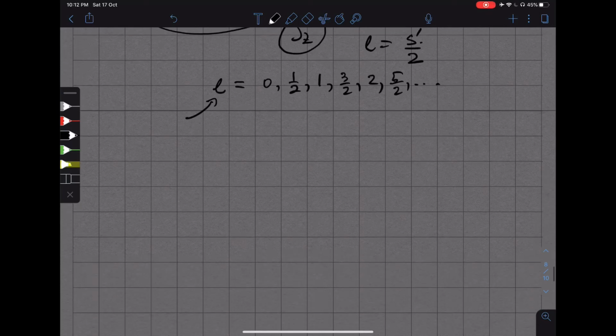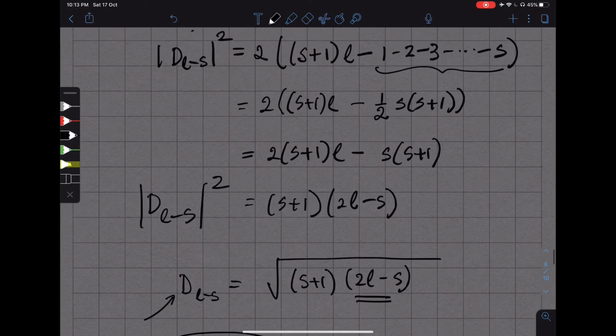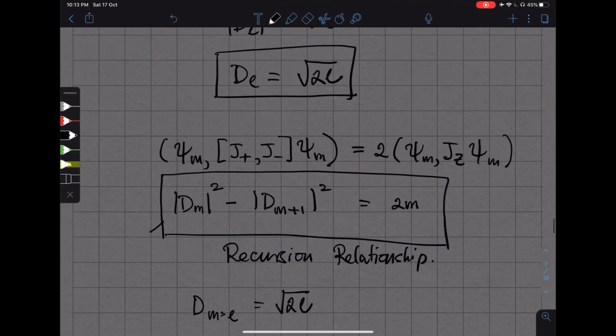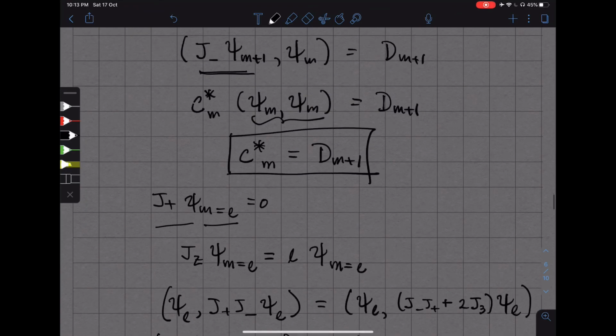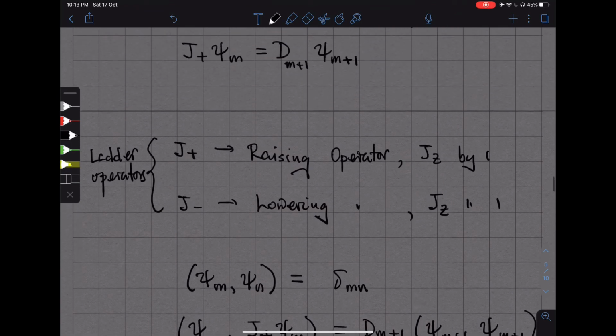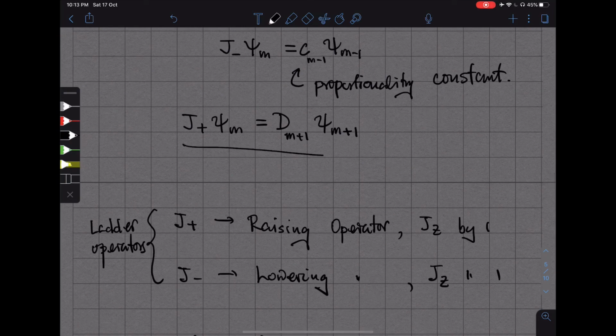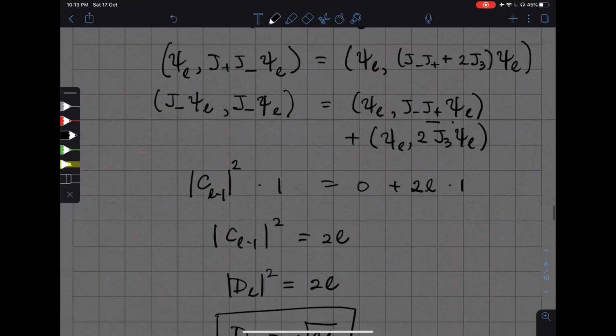So let's summarize. What we found is that when we applied J plus on psi of M, it gave me D M plus 1 times psi of M plus 1.